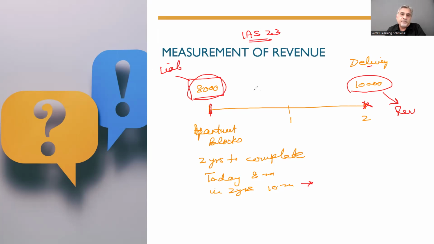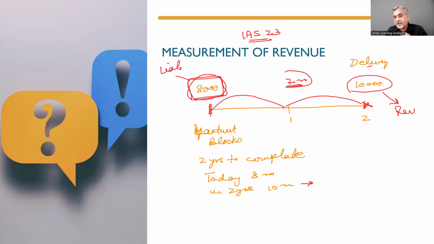Borrowing cost will come in. So what will happen is that you have to unwind it at your borrowing rate, whatever is your effective interest rate. And that 2 million, which is the difference between these two, is actually going to be capitalized onto the value of the asset. That 2 million is not finance cost. It is not interest expense. It should not go into your P&L.